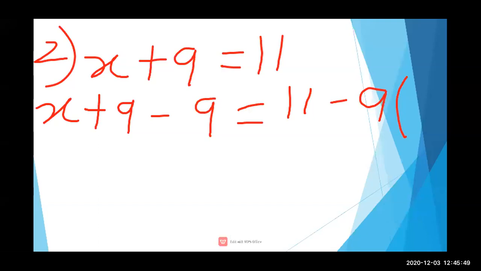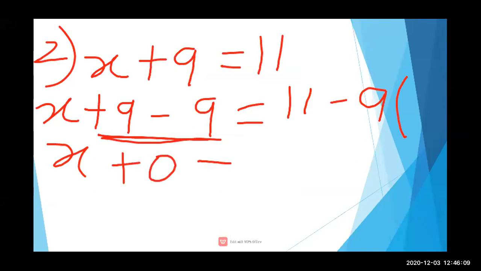Next step, x as it is, I will write x as it is. Then I will solve this sum. Plus minus is minus. 9 minus 9 is equal to 0. So here I will write x plus 0 equal to.